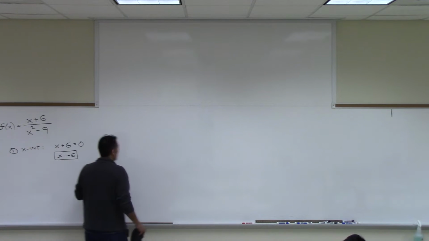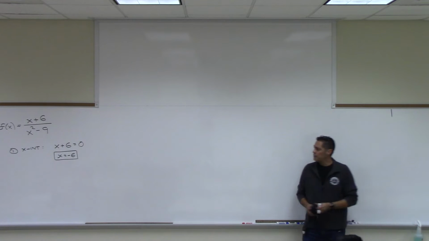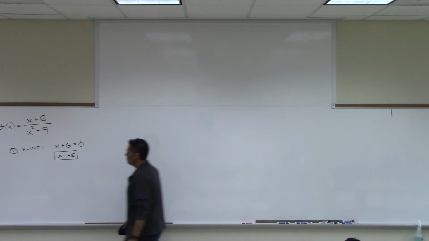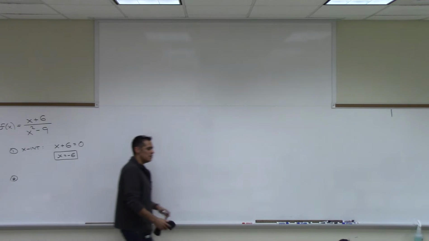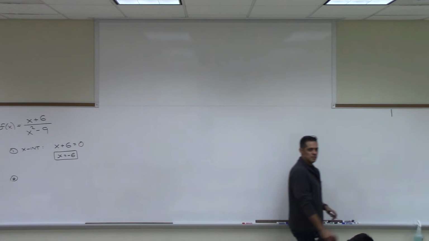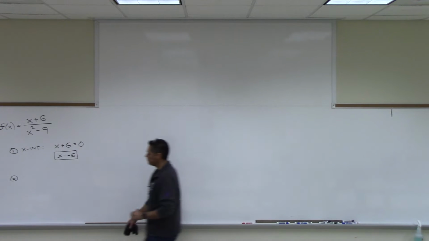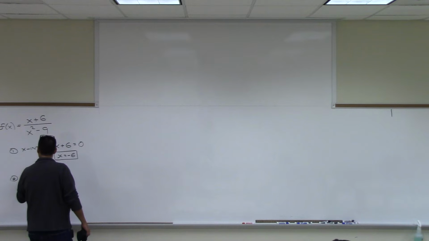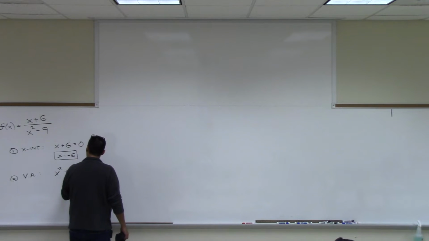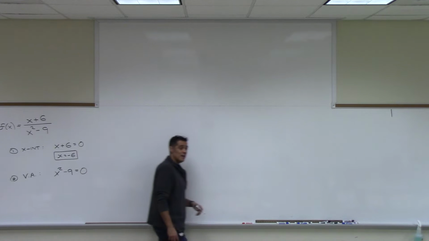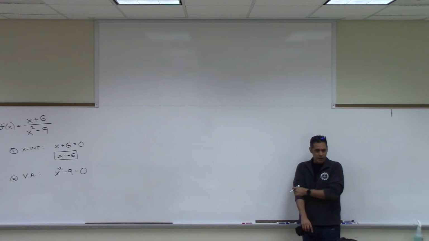Okay, on my graph, that's a point on the x-axis, right? That's a point I'm going to draw. Second step. What's the second step for graphing rational functions? Vertical asymptotes. How do you solve for those? Set the denominator equal to 0. Okay, so x squared minus 9 equals 0. You should recognize x squared minus 9 is a difference of squares.